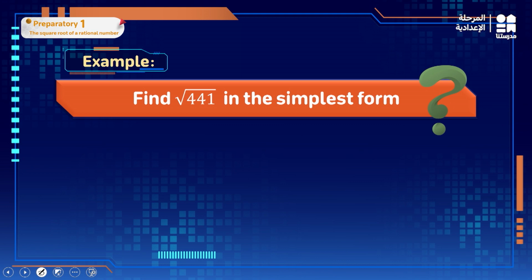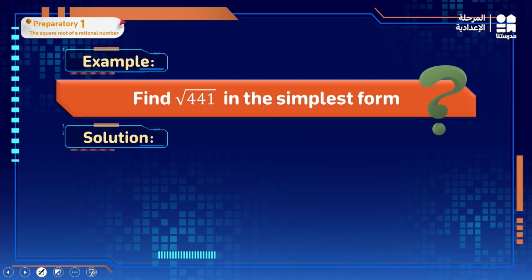Like 3, 1 times 3. Like 5, 1 times 5. 4 is not prime because it's 2 times 2. 9 is not prime because it's 3 times 3, and so on. 11 is a prime number. So we are going to divide this number by all the prime factors of it.